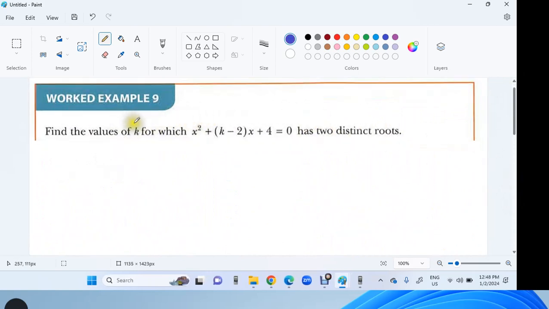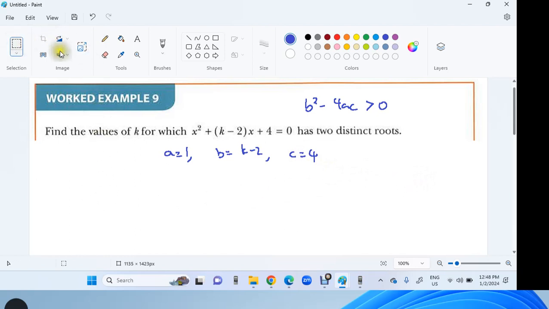So we want to find the value of k for which x squared plus (k minus 2)x plus 4 equal to 0 has two distinct roots. Two distinct roots means b squared minus 4ac is greater than 0. For this case, a is 1, b is k minus 2, c is 4.